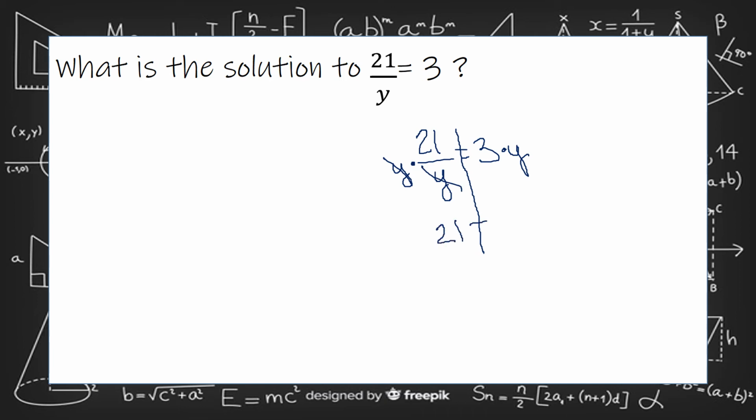So 21 equals 3y. Well, now I've got to get that y by itself. The 3 is being multiplied by y, so I'm going to do the opposite and divide by 3. 21 divided by 3 does give me 7.